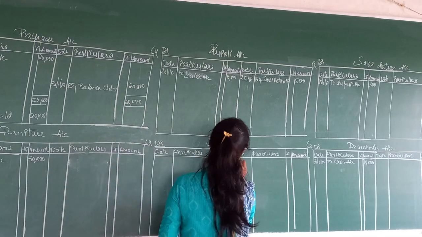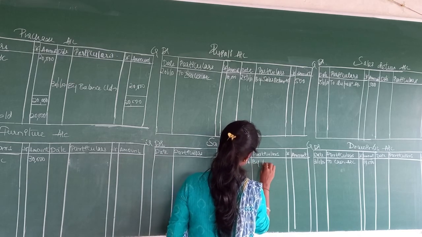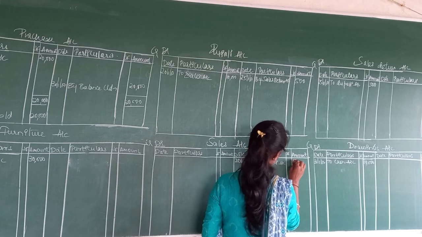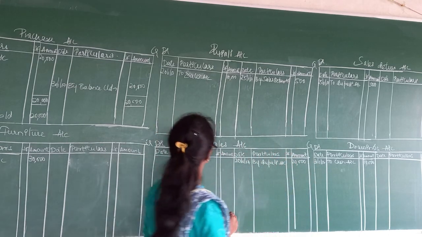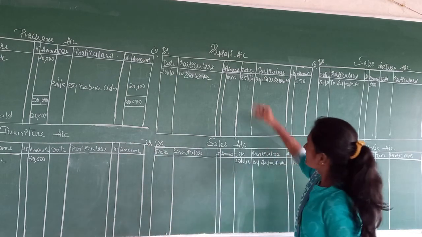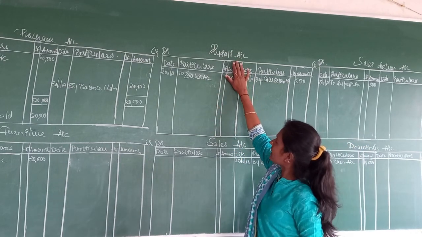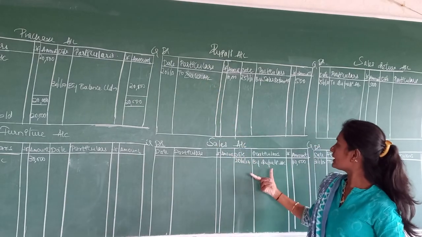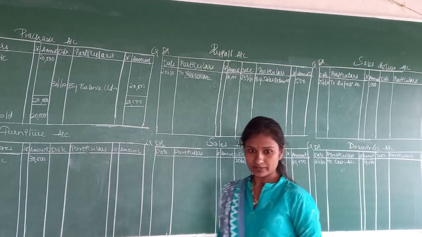By side, date is 21/2017 by Rupali account. Amount is of how much? Sorry, it's 10,000 rupees. So in Rupali account we need to write to sales account, and in sales account we need to write by Rupali account. So this is a journal entry.